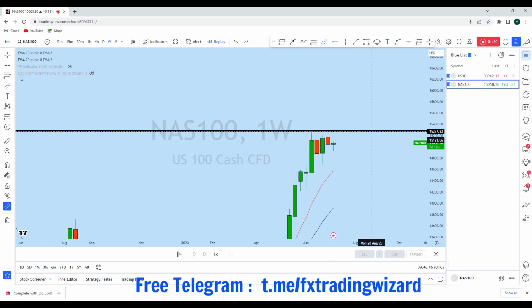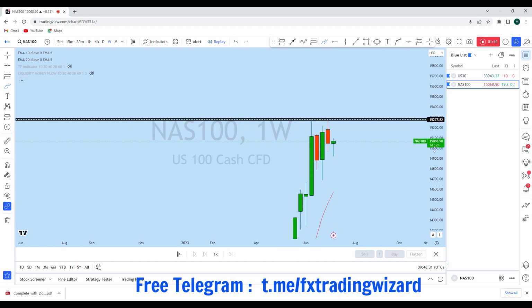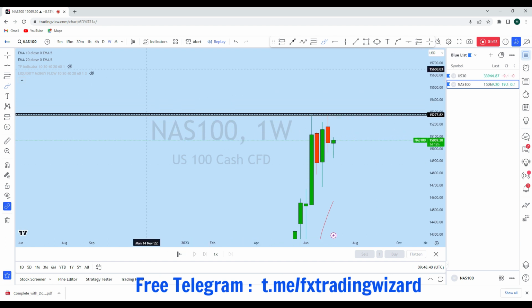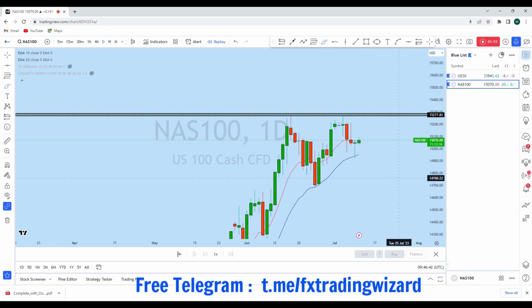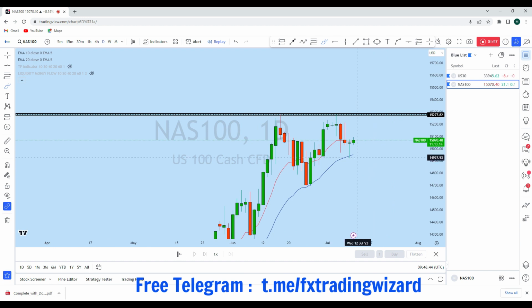If we compare the bulls and bears in this market, the bulls are still stronger than the bears. As a result, after breaking this weekly low, we see the bulls buying this market again, and we can now expect the price on Nasdaq to continue to rise to the upside, at least to a retest of this resistance zone.